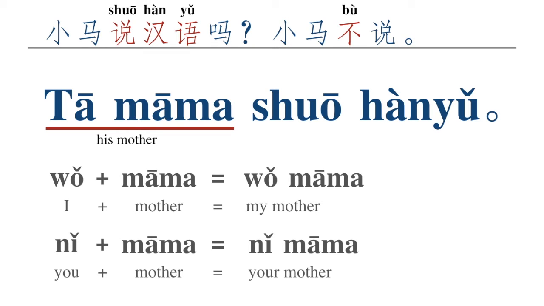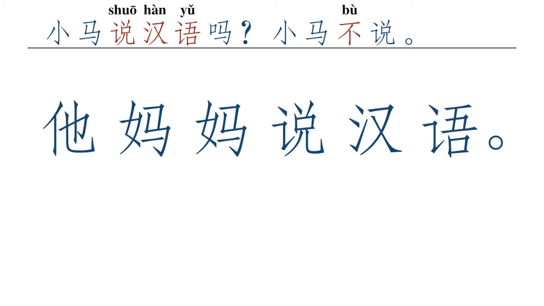This is the way we express the relationship among family members. Let's see the characters. See the first character. It is 他 for he. So the young Ma is a male.